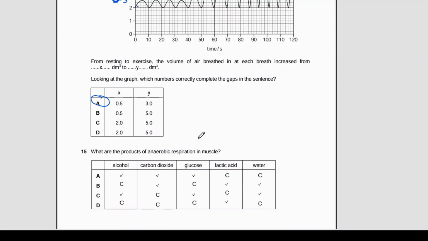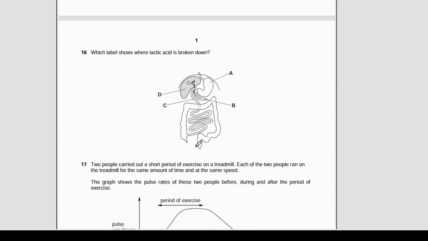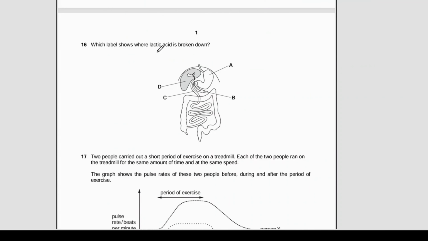Okay. What are the products of anaerobic respiration in muscles? Alcohol? No. Only one thing is produced in muscles, and that is lactic acid. So all others are incorrect. Only lactic acid would be there. So it would be D. Okay, there is a labeling given.